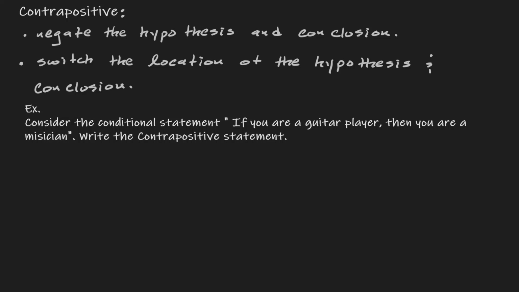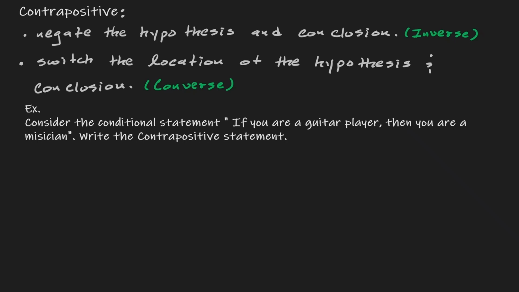In other words, a contrapositive is a combination of the inverse and the converse. Because notice that by negating the hypothesis and the conclusion, we're doing the inverse. And by switching the location of the hypothesis and the conclusion, we're doing the converse.